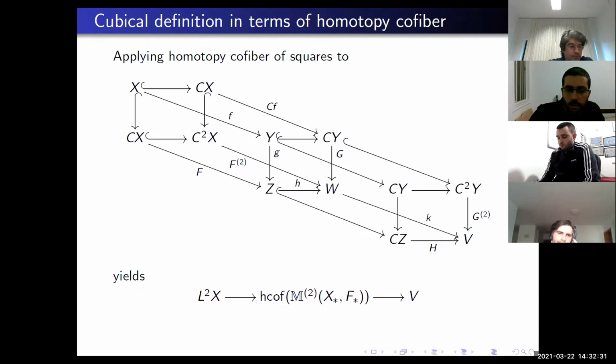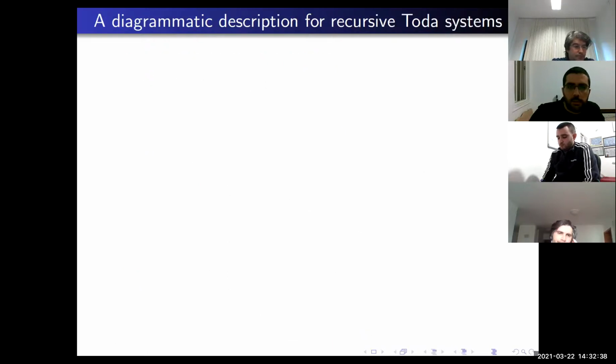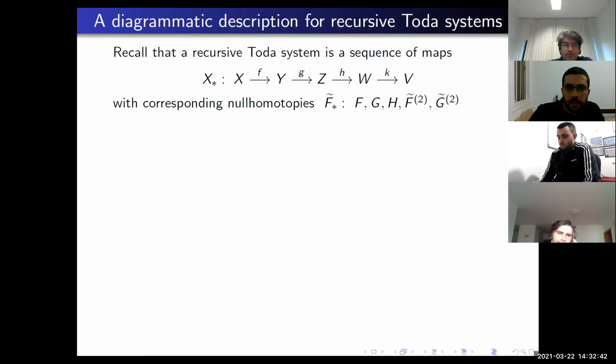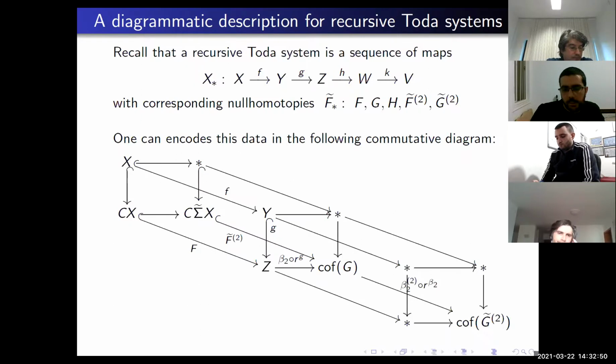Now, can we do that for the recursive one? This is the question. We can. If we have these null homotopies for the recursive Toda system, we can get this. I don't expect you to follow everything here, but I want you to know that we can also do it diagrammatically for the recursive one, but it's not the same.